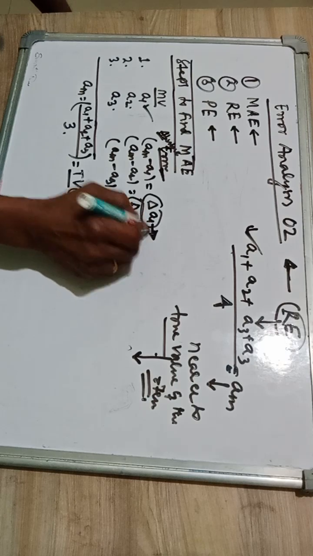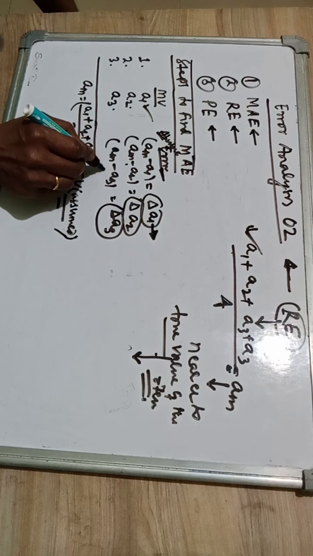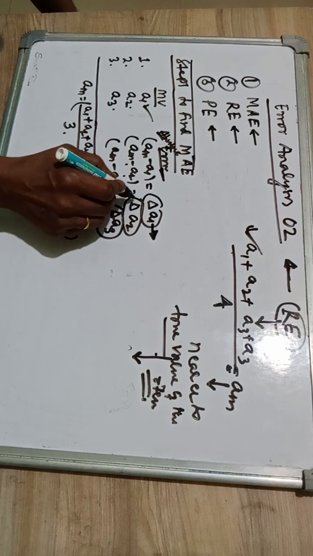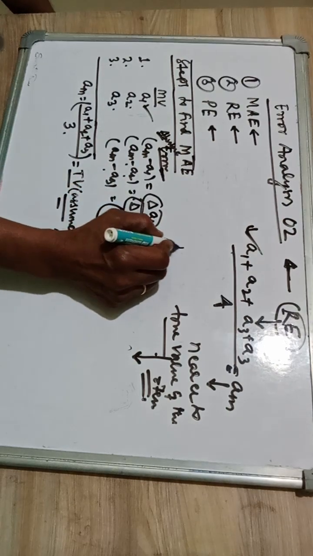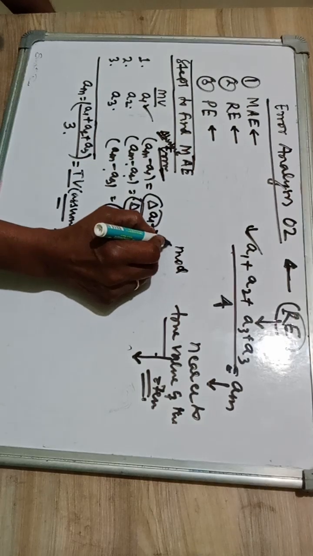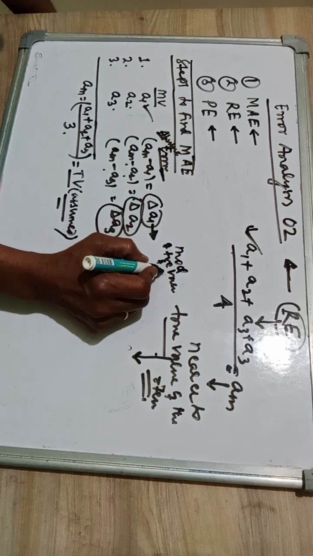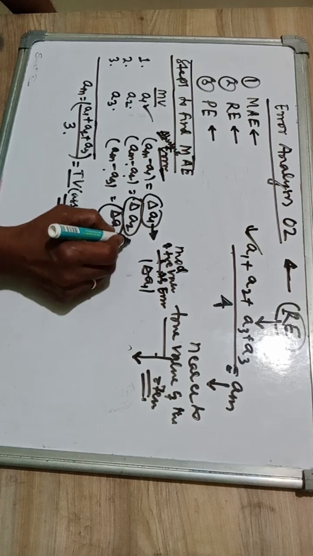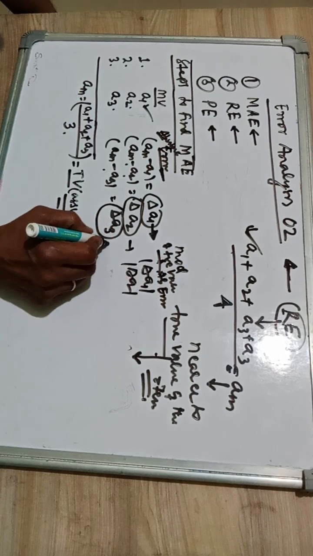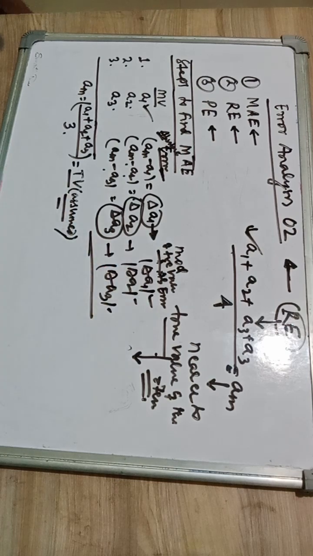Now we'll take the mod of all these, because in some cases the measured value will be more than AM and in some cases less than, so sometimes the difference will be negative and sometimes positive. So we take the mod, or positive value, of these absolute errors: the mod of delta A1, the mod of delta A2, the mod of delta A3. These are the errors associated with each measurement.